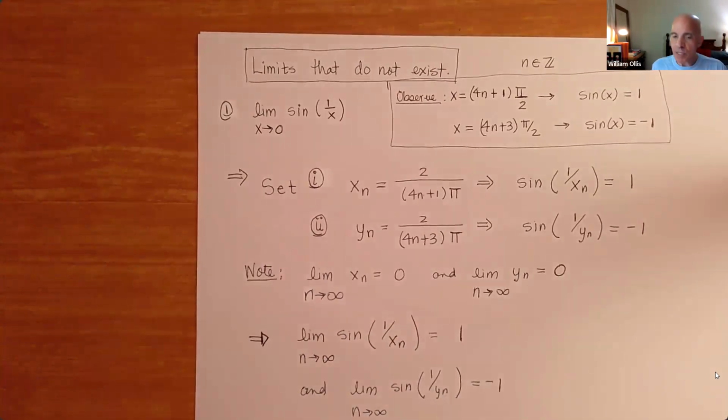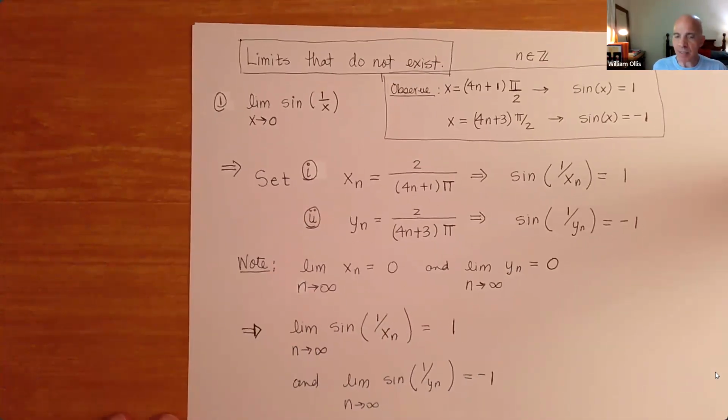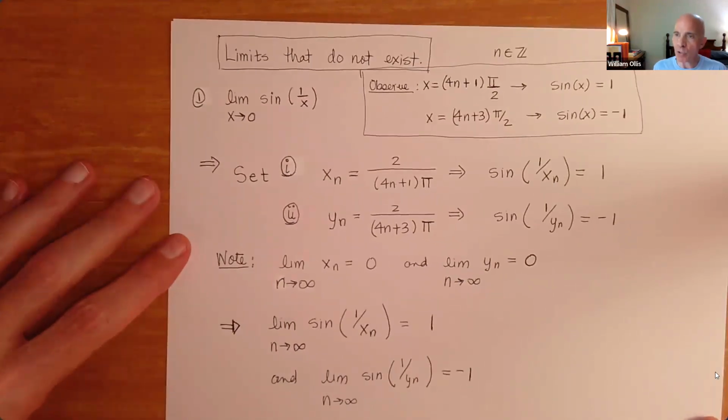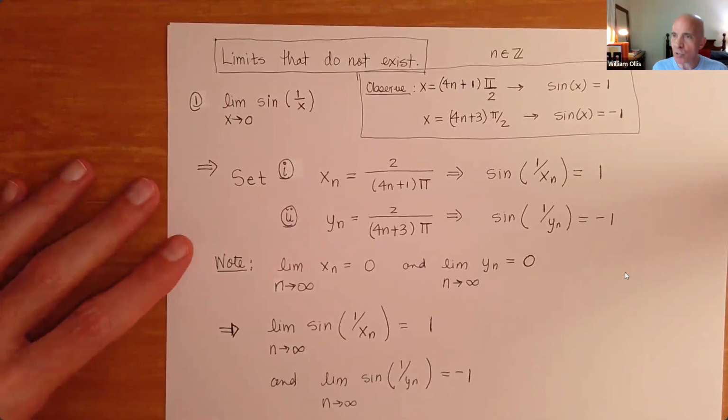So what's interesting here, and this is when I say this is a good example, it's somewhat complicated, but intuitively, this is where you use your pre-cal and your trig to actually make sense of all of this.